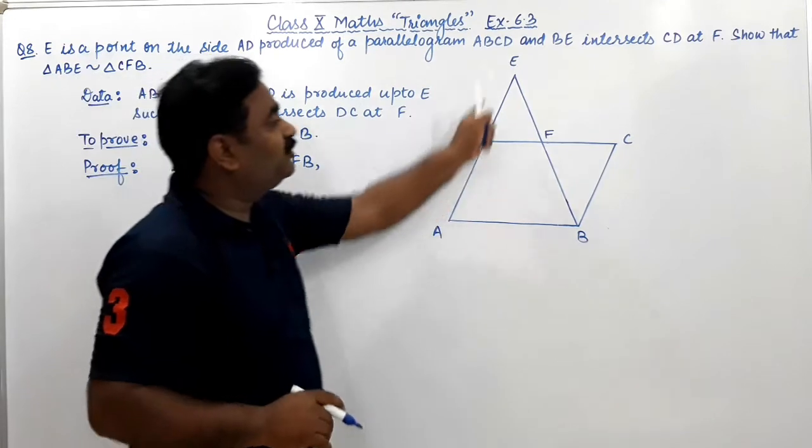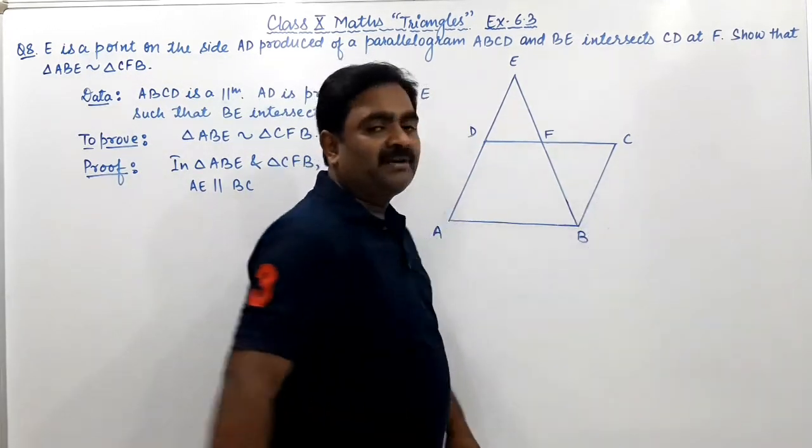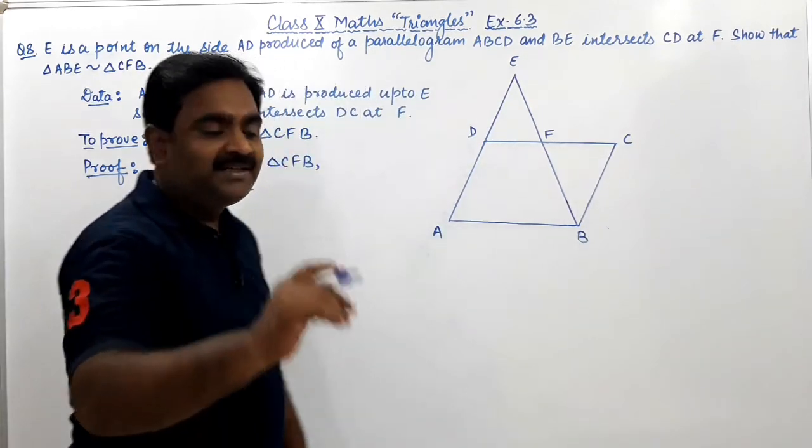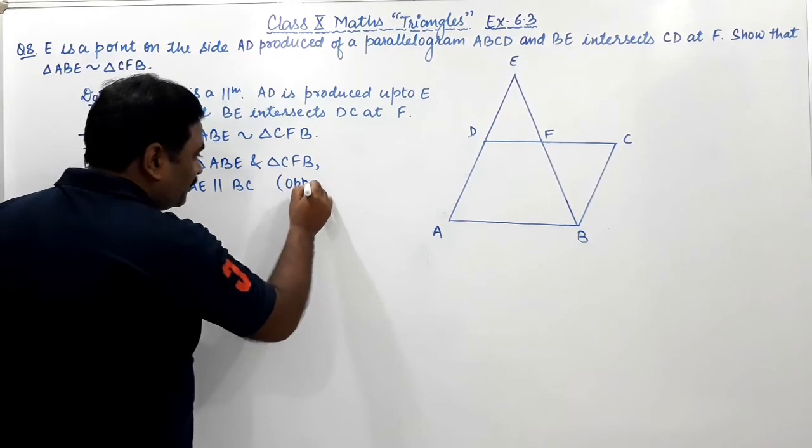Why is AE parallel to BC? Because AE represents AD, and AD is the opposite side of the parallelogram to BC, right? So you can write it: opposite sides of parallelogram.